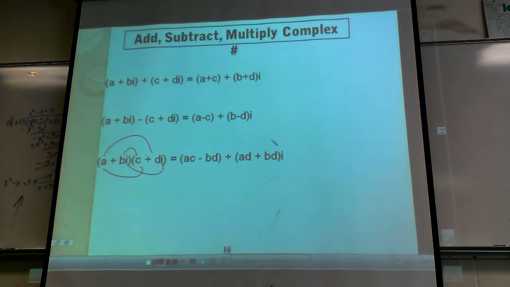That should be a... There are two bds, so one of them should be a cd. First, outer, inner, last. cb should be over here, ad there. This should be it.